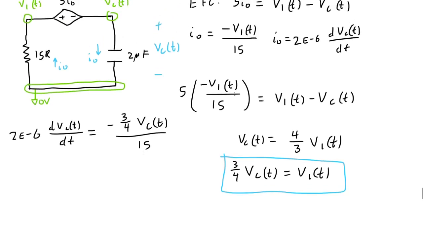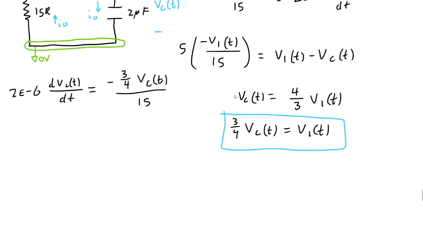So that's going to become, let's see, minus 3 over 60, which is minus 1/20.